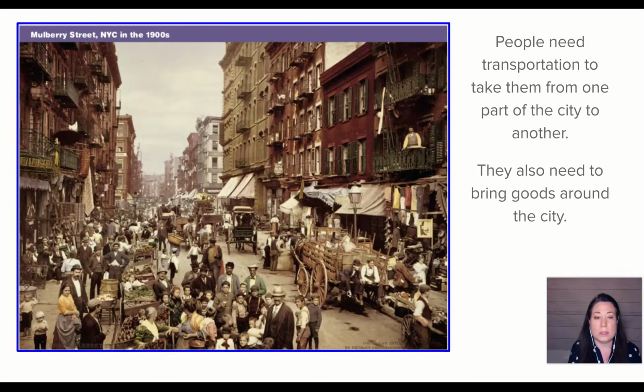And they also need to bring things around the city, right? So they need things that can carry large objects. So you see here, there's furniture, there's some kind of barrels and sacks of goods, things that people need. There's all kinds of food. How does that get around? How do they carry that around the city?